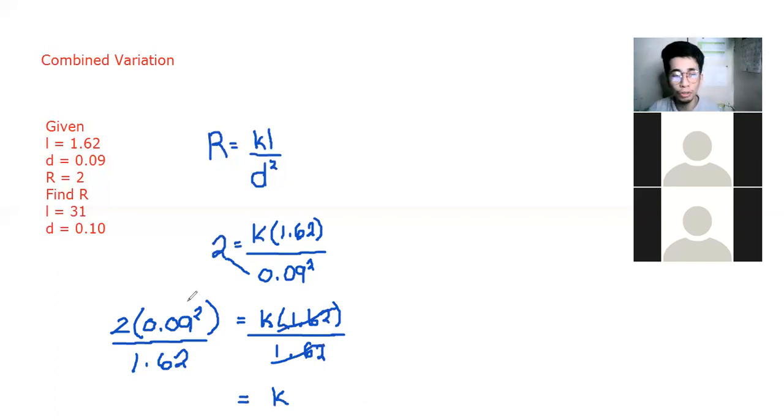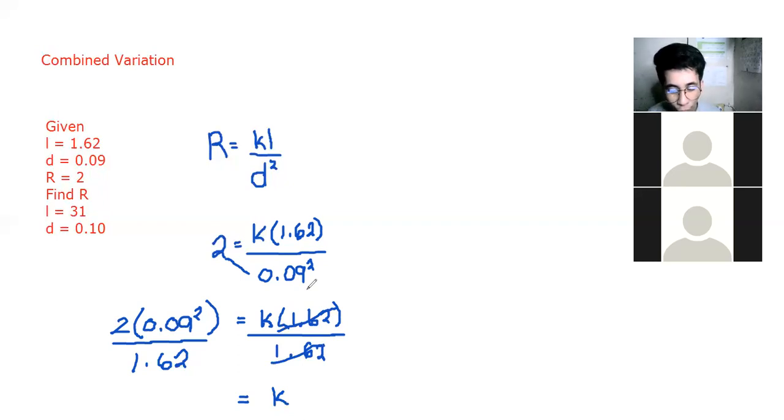I-square muna natin yung 0.09. 0.09 squared. Meron tayong sagot na 0.0081.